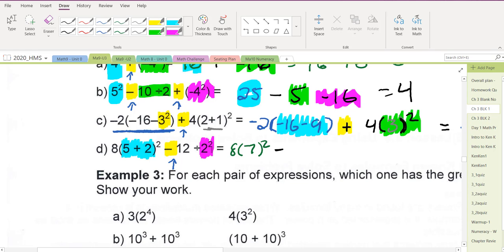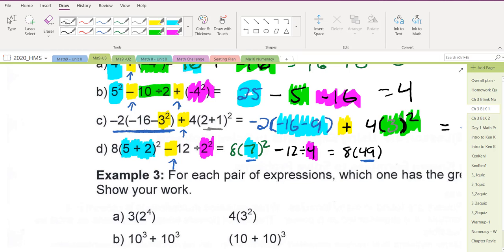And we have 12 divided by 2 squared. We need to do the exponent first. 2 squared is 4. Then we have to do the exponent on the other side. So that's 7 squared, which is 49. So we're left with 8 times 49.